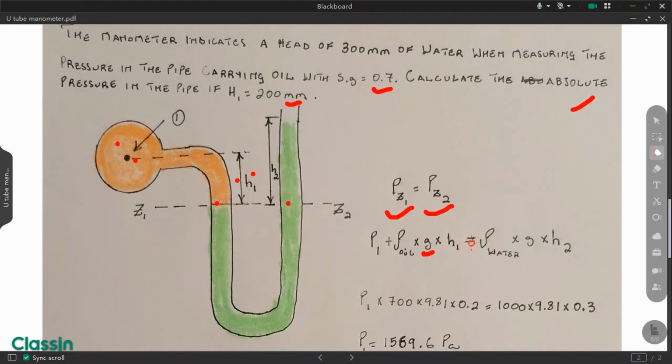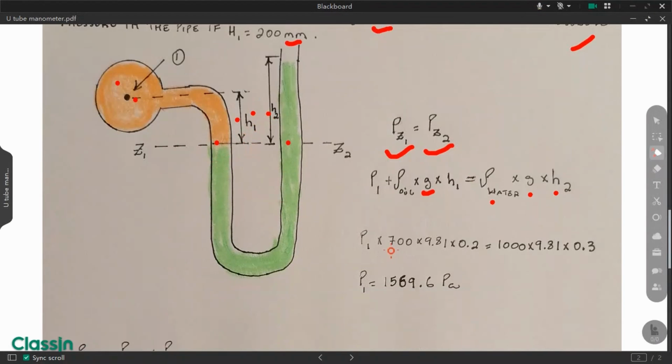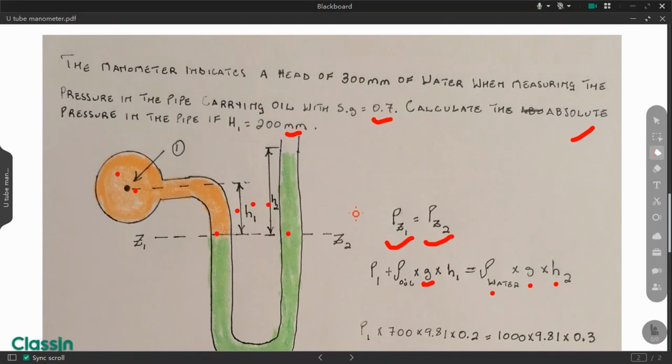So it will be equal to the density of water multiplied by the gravitational acceleration multiplied by H2, which we're given. Now P1 is unknown: we want to know how much the pressure inside the pipe is.